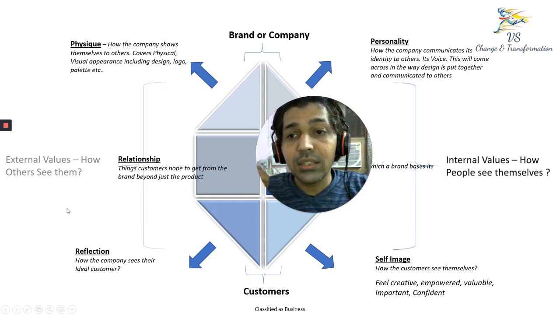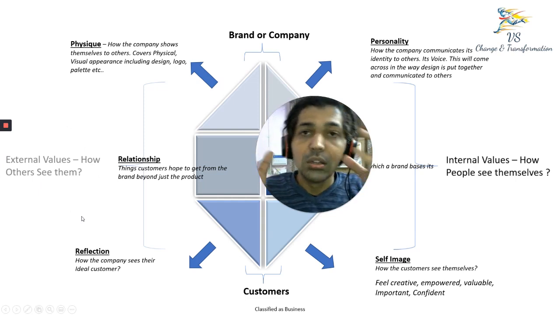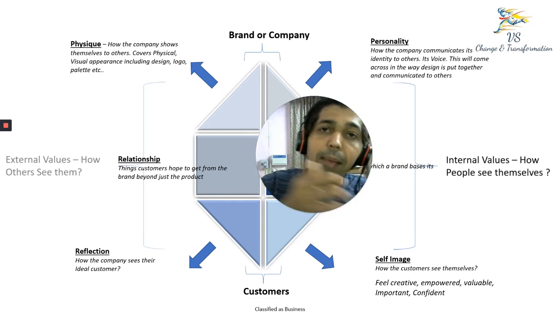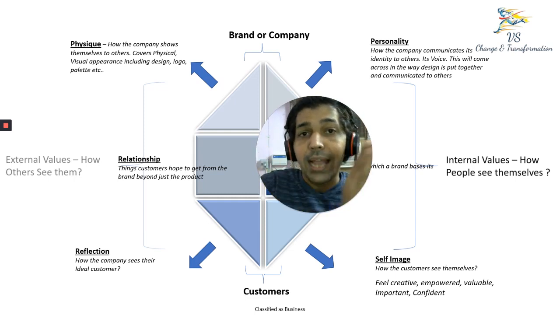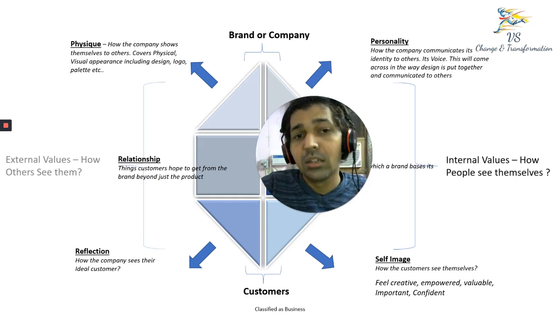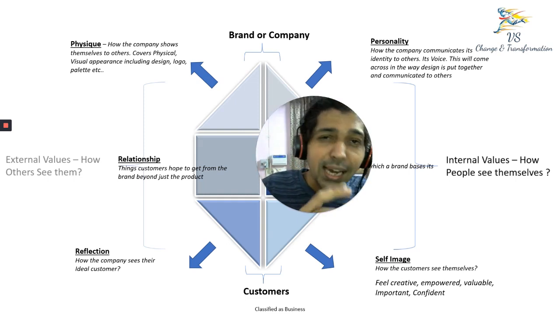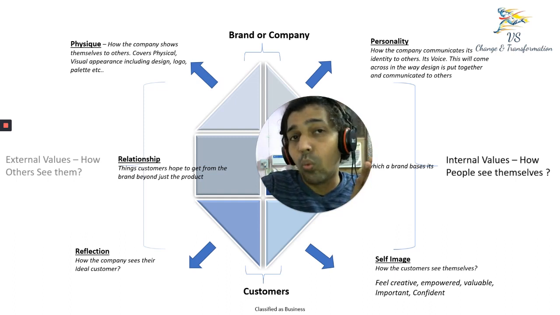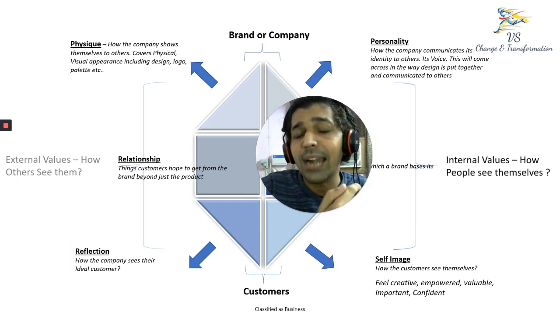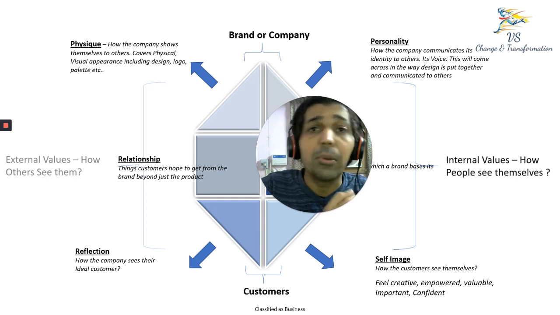So if you look at this side, the external values are about the physique, the relationship, and what the outside ecosystem sees about your customer. And here is the core DNA, which is the culture, the personality of the product, okay, the personality of your brand, and then what the organization, the brand and the customer think about themselves.